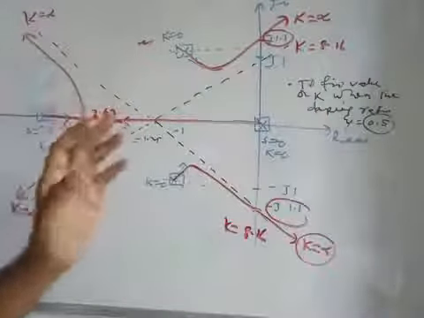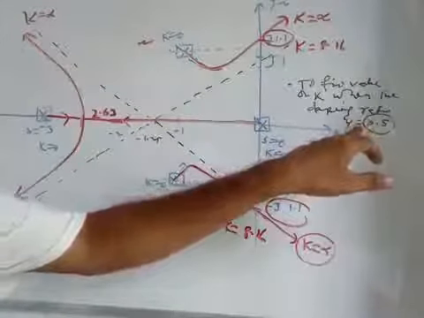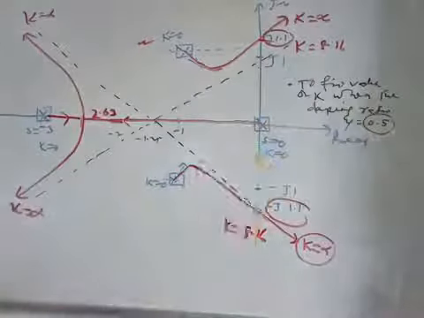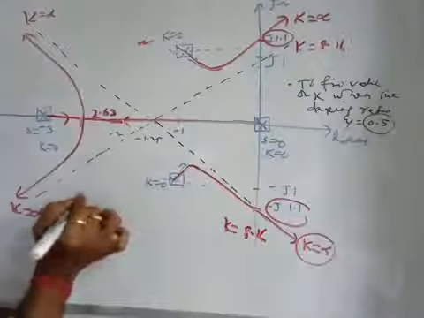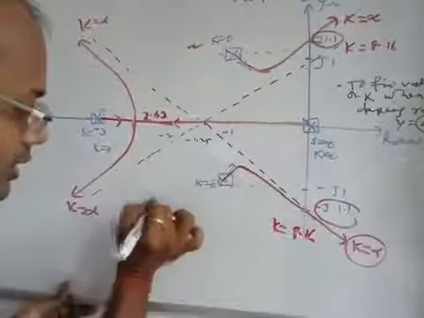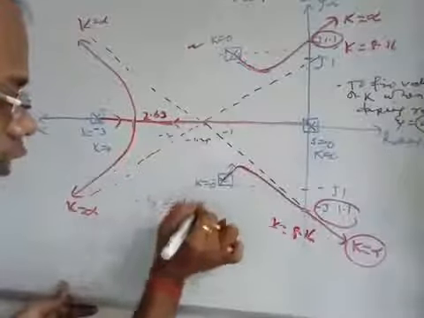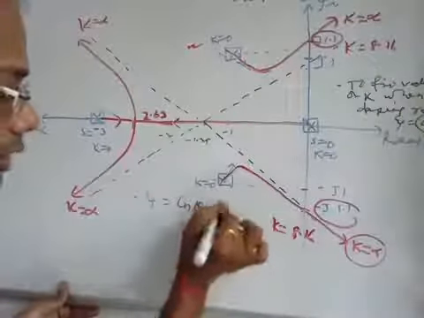So now what we have to do, we have to consider the damping ratio is given as 0.5. Once the damping ratio is 0.5, from the concept of time response analysis, this xi is nothing but cos of theta, that is your 0.5.